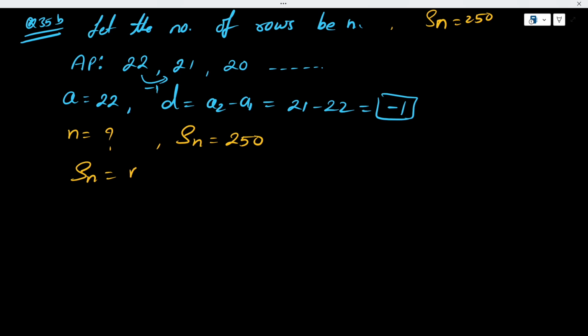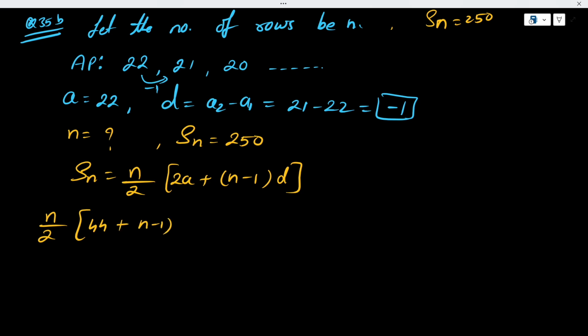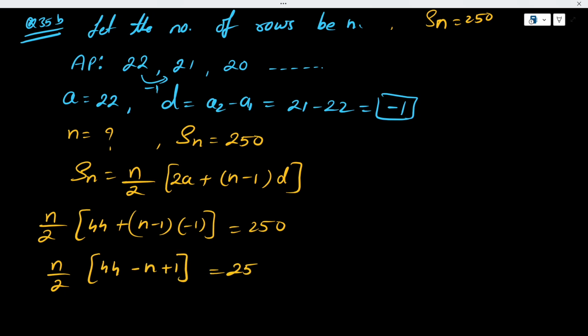Sn is n by 2 times (2a plus (n minus 1)d), and substitute the values. n by 2, we don't know n, and this becomes 2 times 22 is 44 plus (n minus 1) times minus 1 equals 250. Now n by 2 as it is, this becomes 44 minus n plus 1 equals 250.